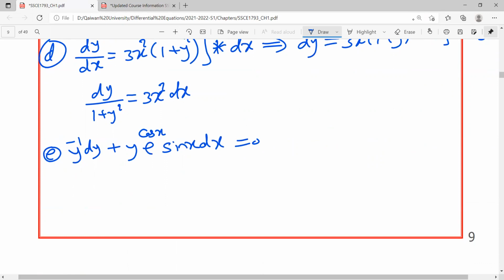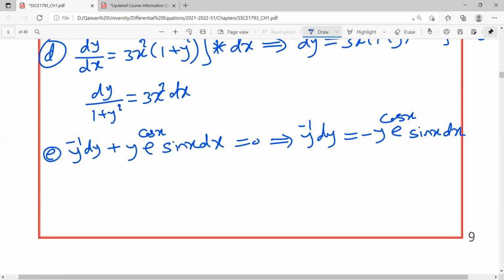Here we should first move dx with its coefficients to the right hand side. Okay. We get y to the power negative 1 dy equals minus y e to the power cosine x sine x dx.